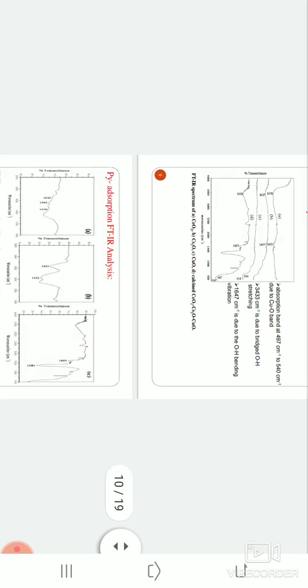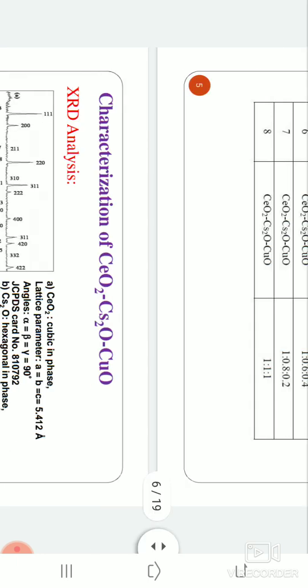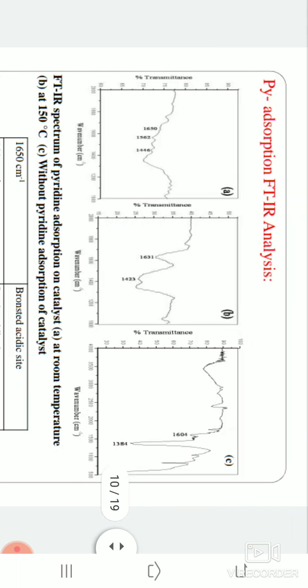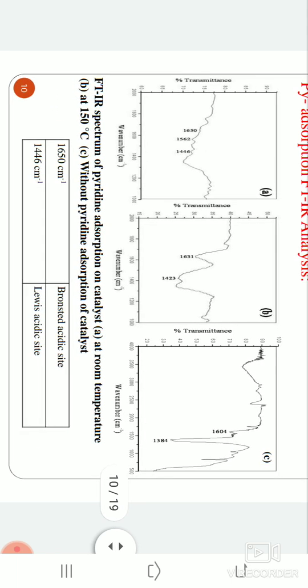After that, for checking the acidity of our catalytic material, we take the pyridine adsorption FTIR analysis. Here we observe that the 1650 centimeter inverse band and the 1446 centimeter inverse band are observed in our mixed metal oxide.